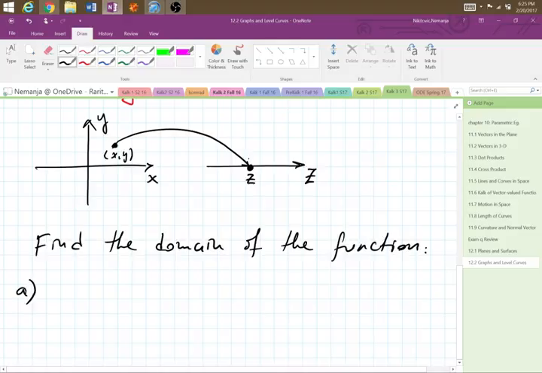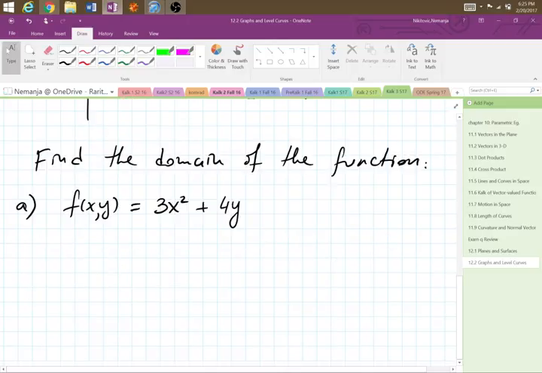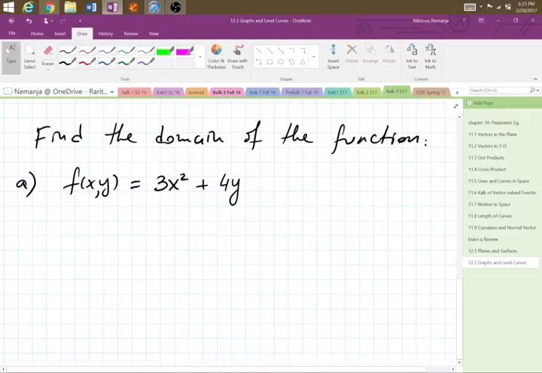First example, A. How about f of x, y is equal to 3x squared plus 4y. You should be thinking the same way, just like you did in your basic pre-calc class. Is there any value that you can possibly think of that you wouldn't be able to plug in and get the answer?